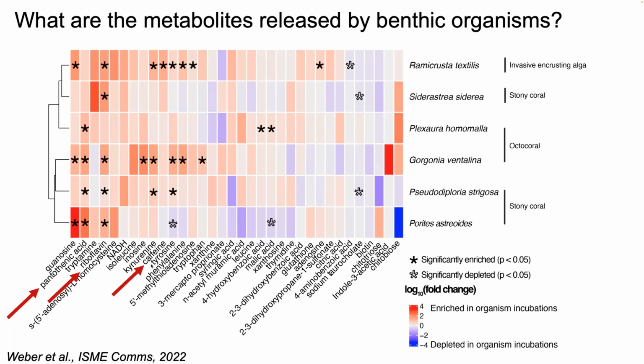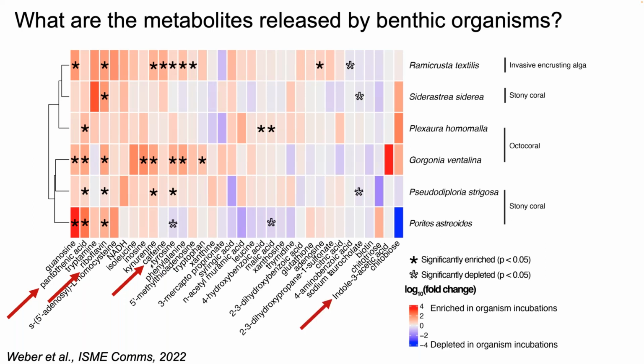And so what's interesting here is Ramicrusta is so successful on these reefs, and we know that caffeine is indeed an herbivore defense; many terrestrial plants utilize it in that manner. And so it's very possible that that is also something at play on the reefs, that caffeine is a deterrent to either grazing or other types of settlement processes.